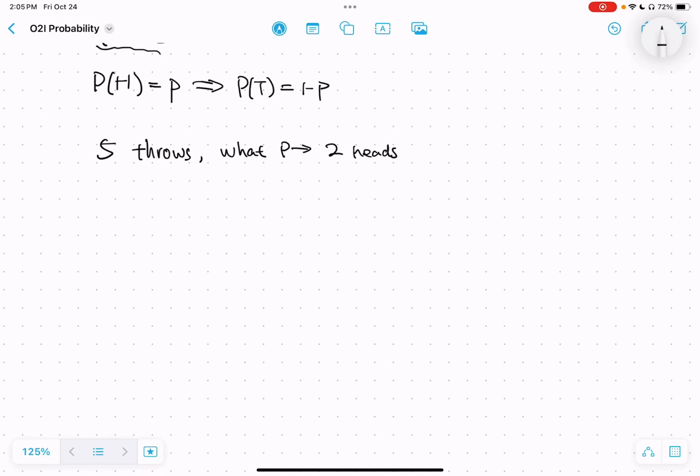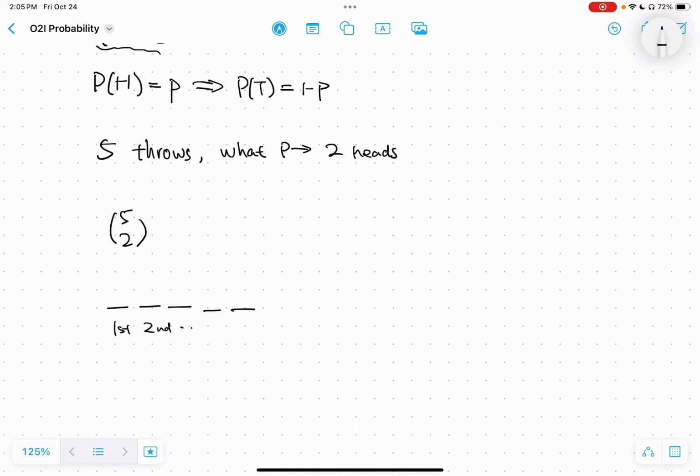So in total of 5 throws, 5 choose 2, which you can visualize like this. We have five spots: the first throw, the second, the third, fourth, and the fifth. 5 choose 2 means to pick 2 spots and put them as heads, and the remaining 3 are just tails.